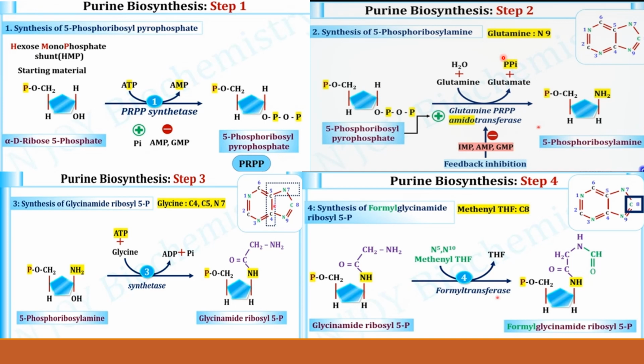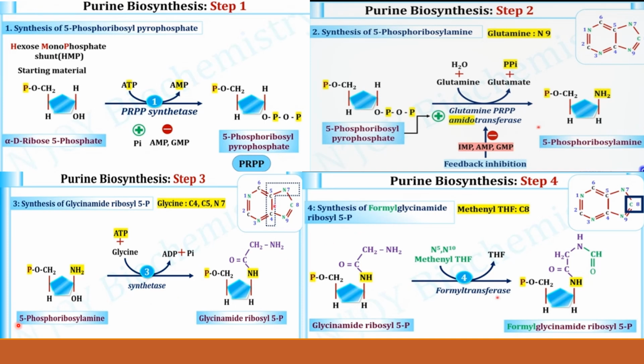Here you see the pyrophosphate molecule is released and an amino group is added into the PRPP. The resulting compound is thus called phosphoribosyl, because a phosphate group is added at position 5, and due to the presence of NH2 it is called amine. Phosphoribosyl amine is formed.